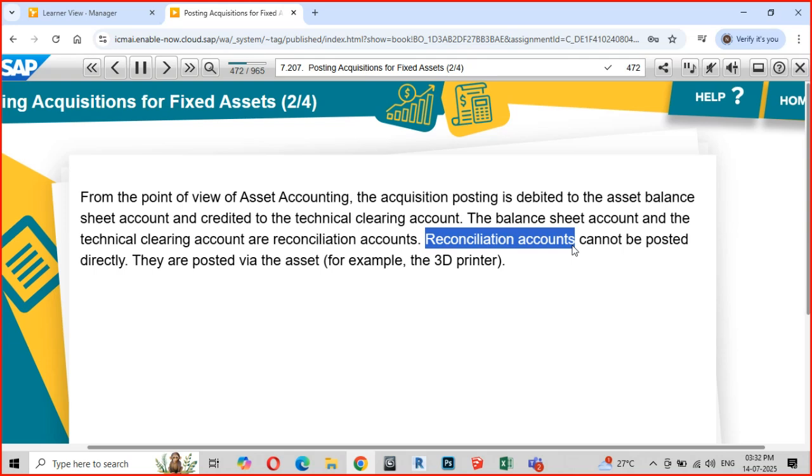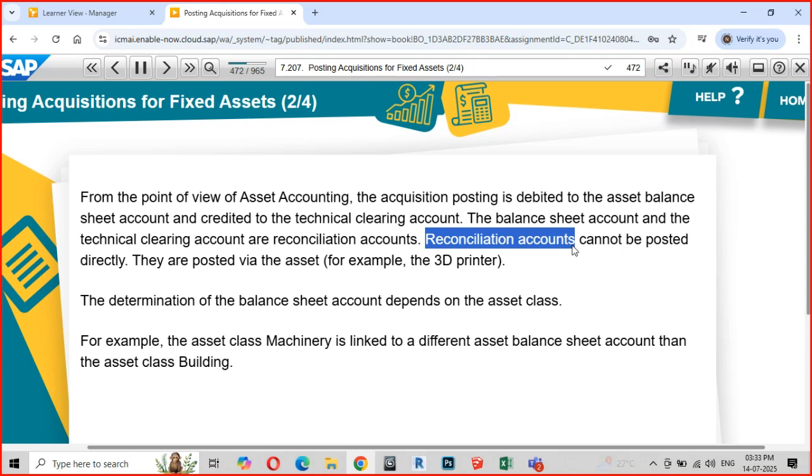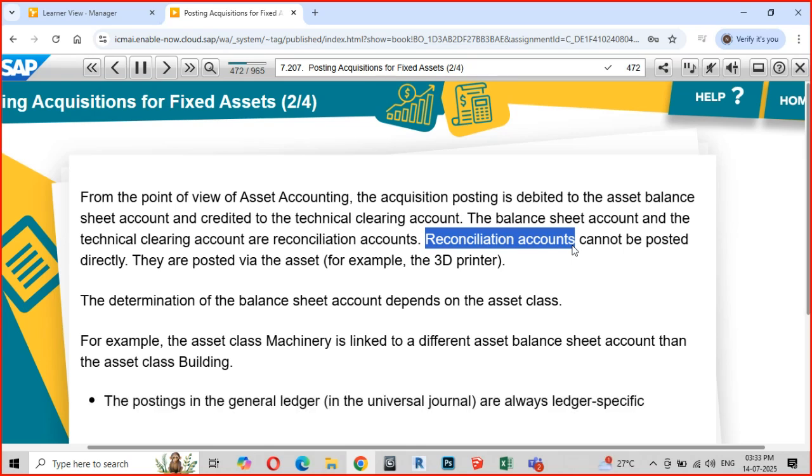Whether it could be your asset acquisition, your asset depreciation, be it your accumulated depreciation or your current year depreciation, your asset retirement, your asset scrap, your profit or loss on sale of an asset, whatever is a transaction automatically is getting into the financial books of accounts through your reconciliation accounts. Very, very critical process of connecting the modules.